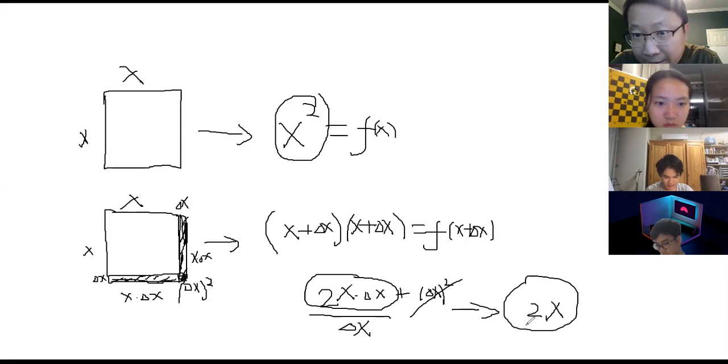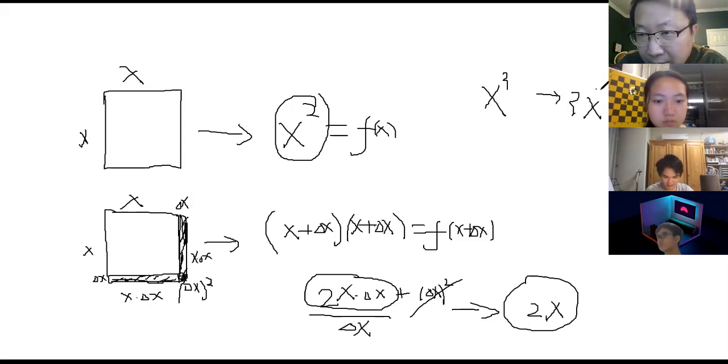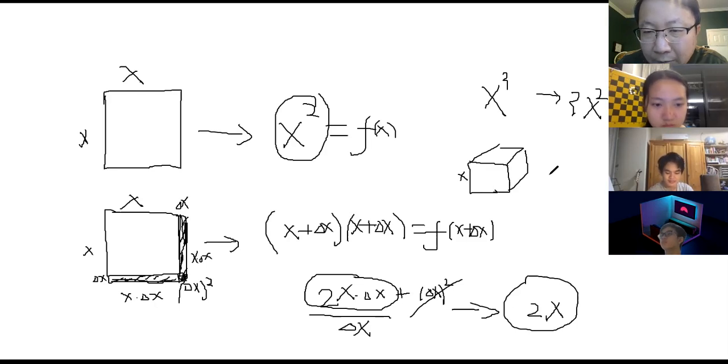In the same way, you can understand why the derivative of x cubed is 3x squared. Why? Because if you look at the cube with side x, when each side increases by delta x, how much do you increase in volume?